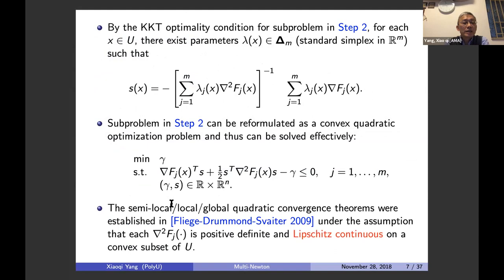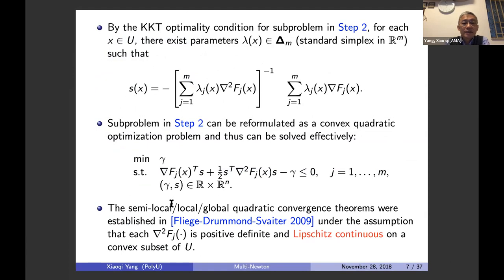Theoretically, the search direction S of X can be found analytically, as long as we have this parameter lambda j of X. The existence of lambda j of X guarantees we can have this analytic expression for the search direction.